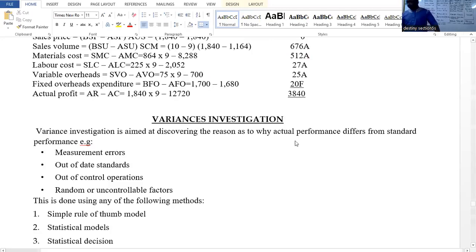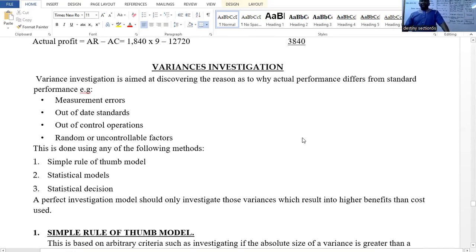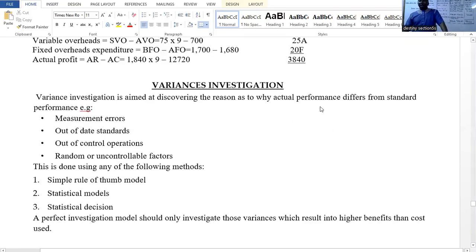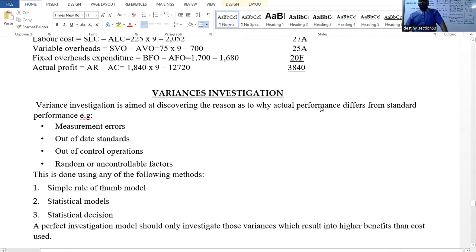As you can see, variance investigation is aimed at discovering the reason why actual performance differs from the standard performance. There are various reasons, but they are classified into four. One is we could have had what we call measurement errors. That means whoever went to gather data did not get it right.